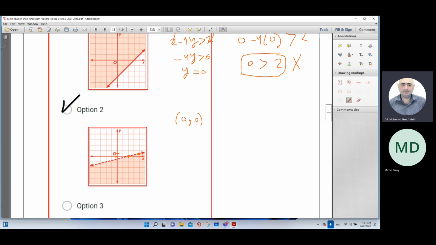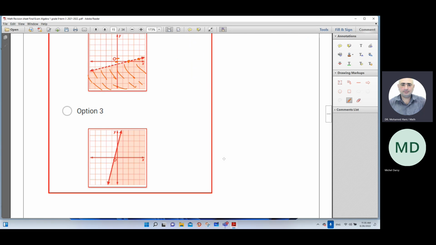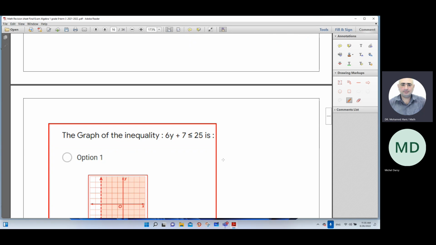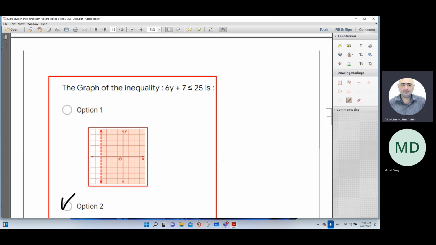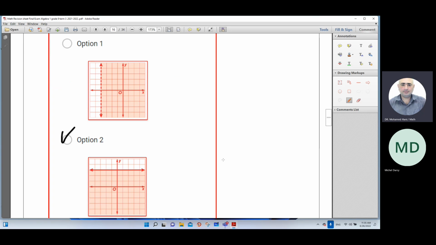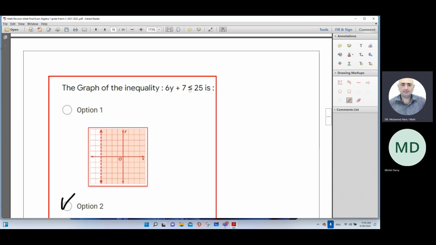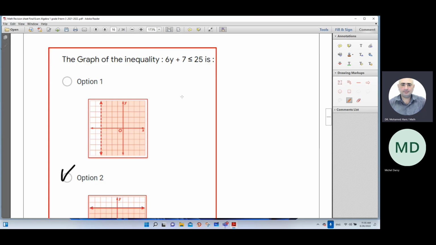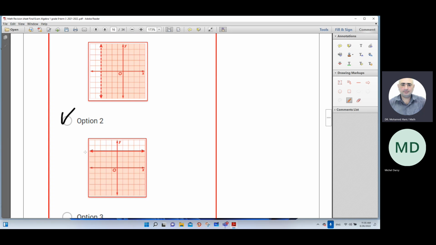It means this is not the area of the solution; the area of the solution is the opposite, the down area of the line, this area. So we can shade this area. Here the same idea. As you see here, because we have equal in the sign, we draw a solid line.